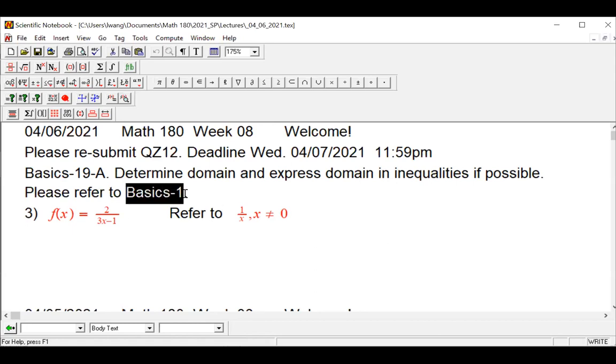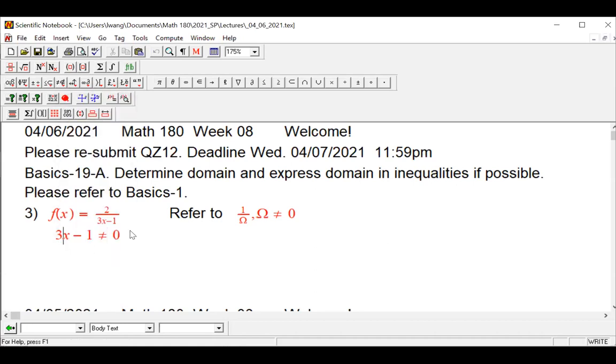So whatever basic 1 tells us, here you can imagine this is going to be something I call baloney, right? So baloney cannot equal 0, and so the domain would just be the baloney, 3x minus 1, cannot equal 0.